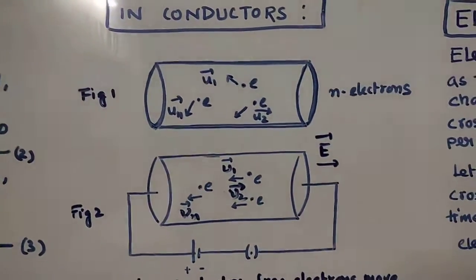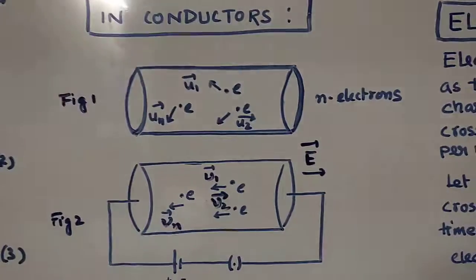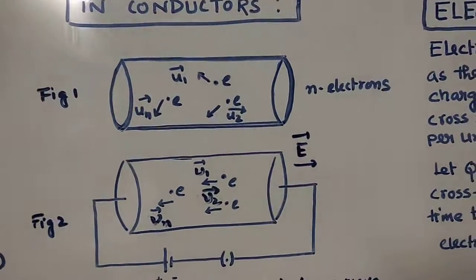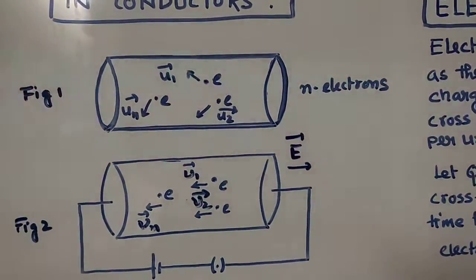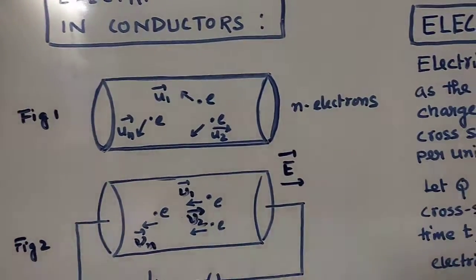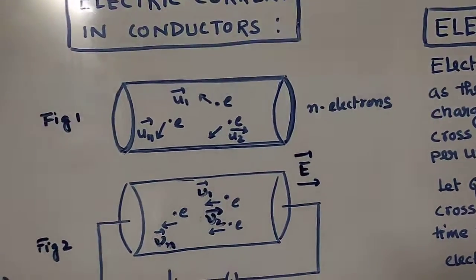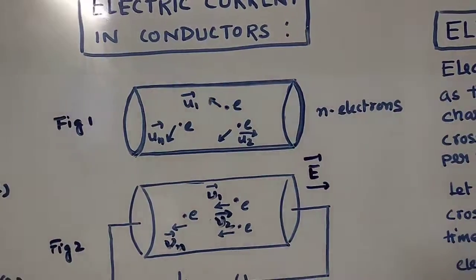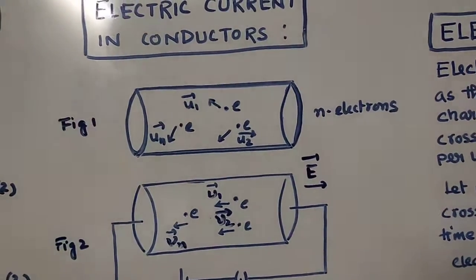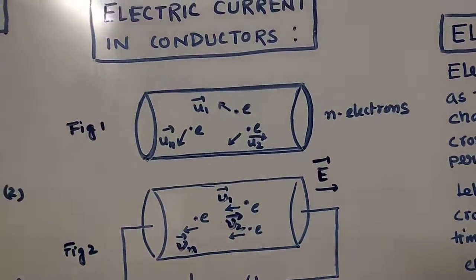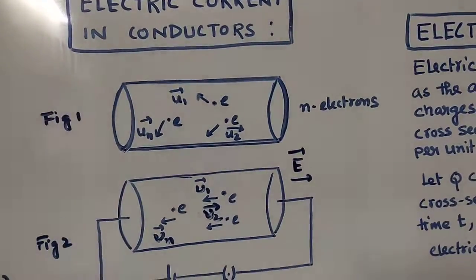So there are n electrons. For simplicity of the diagram we have shown 3 electrons, u1, u2, and the last one, un. You see all electrons are moving randomly in all directions, and the energy acquired by the electrons comes from the surrounding temperature. So the movement is due to thermal energy.